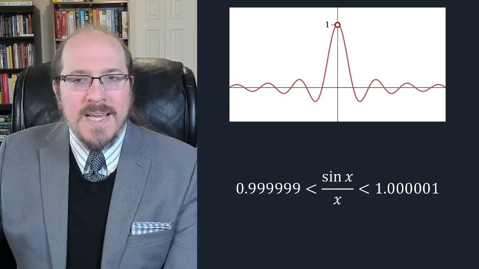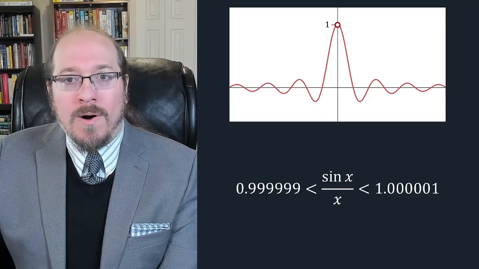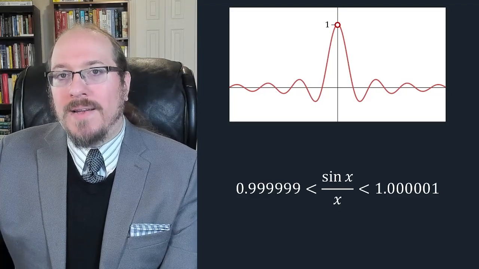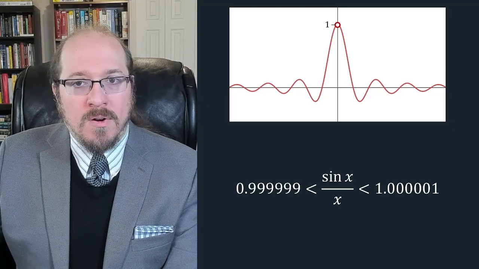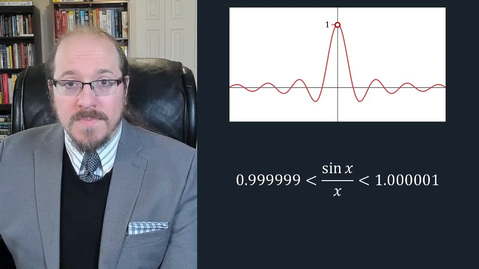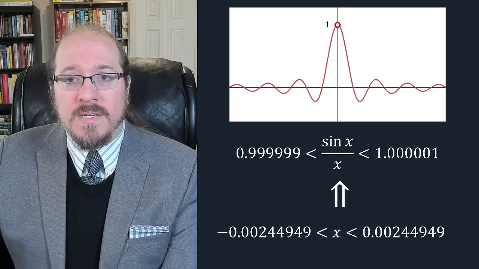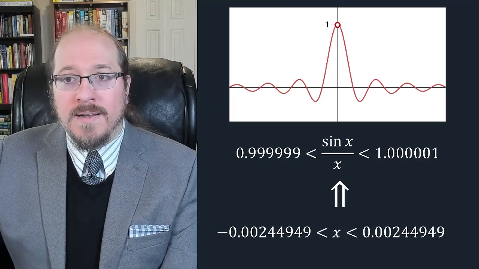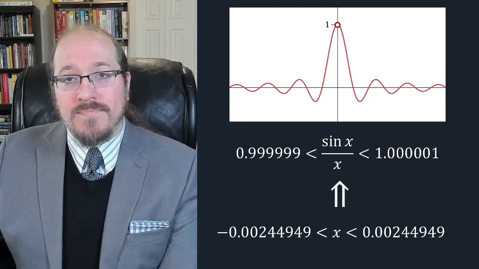For example, say you wanted to make sure that the output was no more than a millionth away from 1. So it has to be between 0.999999 and 1.000001. Well, turns out that if I make sure that x is between about plus or minus 0.002444949, then the output will never be more than a millionth away from 1.